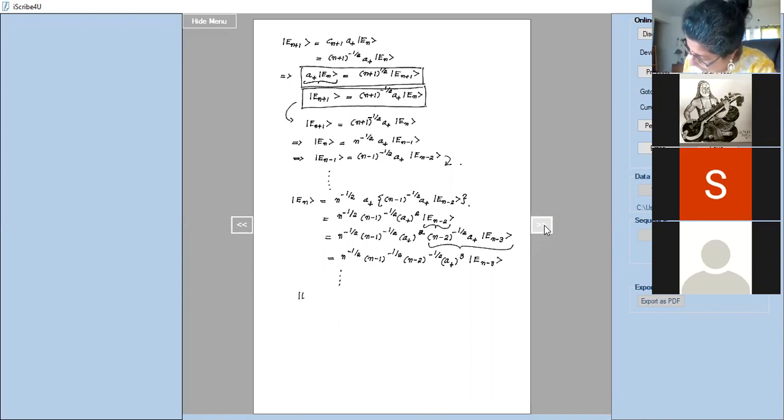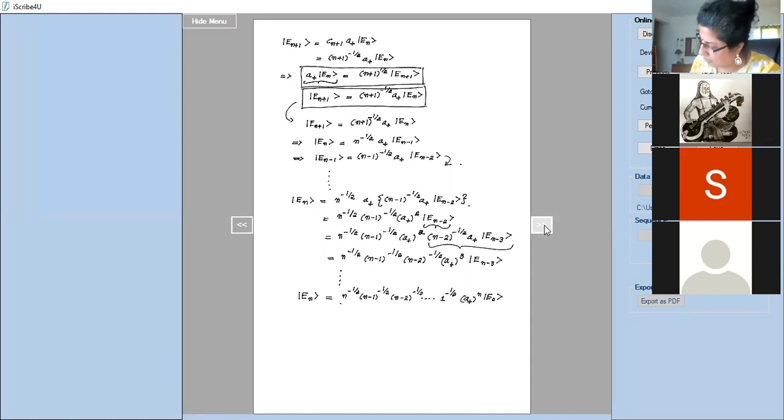And finally, I can write En is equal to n power minus half, n minus 1 power minus half, n minus 2 power minus half, like that, all the way down to 1 to the power of minus half, A plus to the power of n acting on E0.